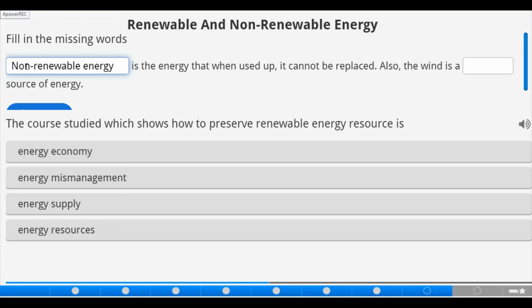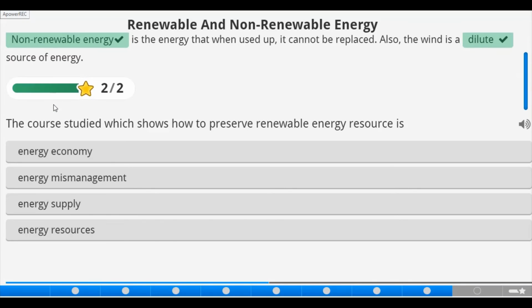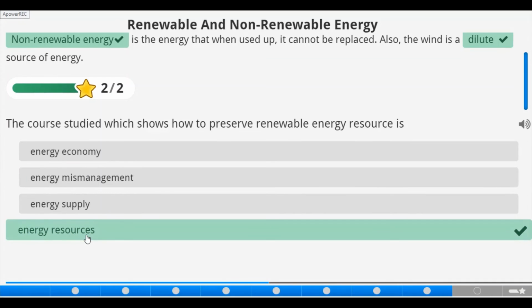Also, the wind is a dilute source of energy. So let's check. That's correct. The course of study which shows how to preserve renewable energy resources is: energy economy, energy mismanagement, energy supply, energy resources. Now, what do you think the answer will be? Let's see, energy resources. That's correct.